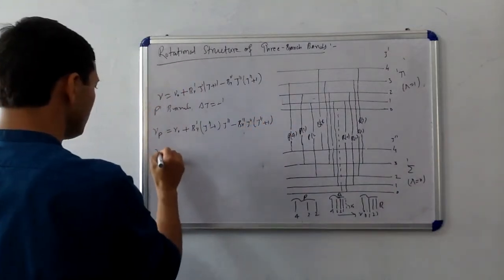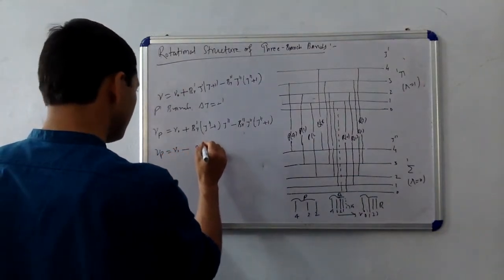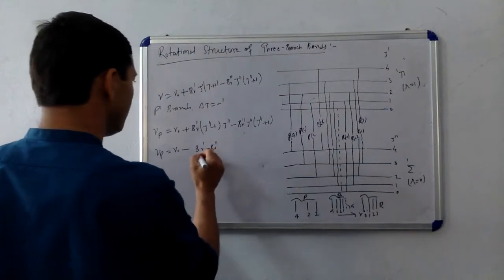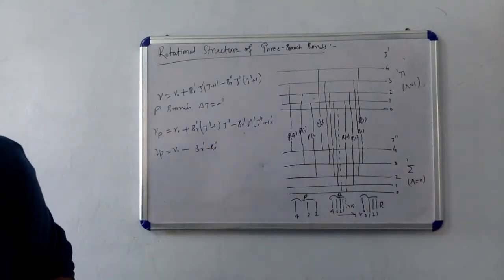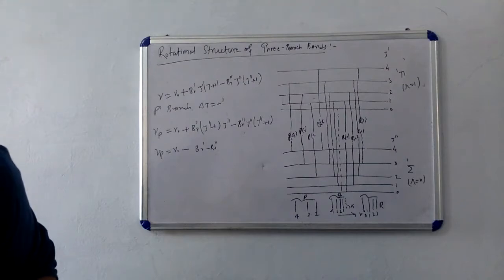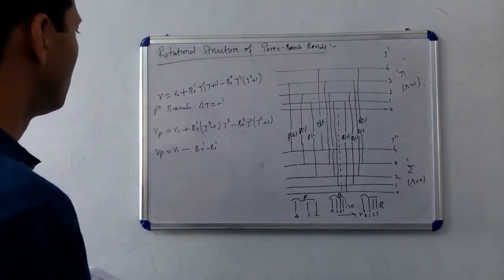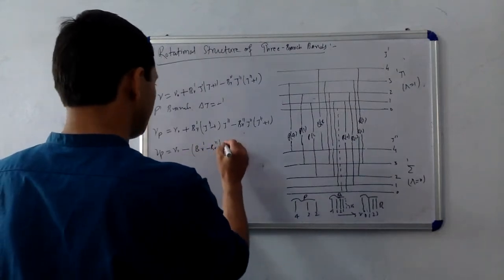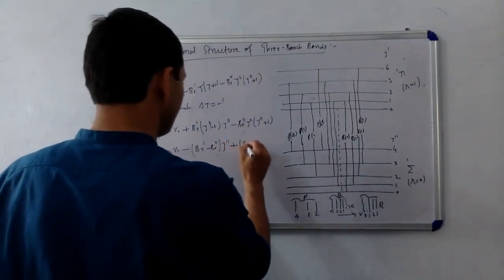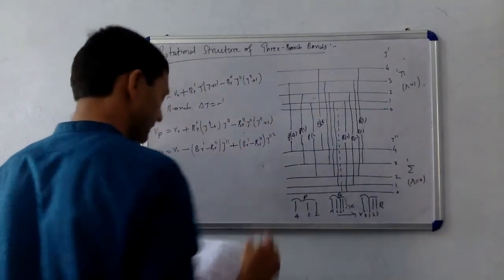And finally, you have nu of P is equal to nu naught minus B of nu prime minus B of nu double prime, Z double prime plus B of nu prime minus B nu double prime of Z double prime square.